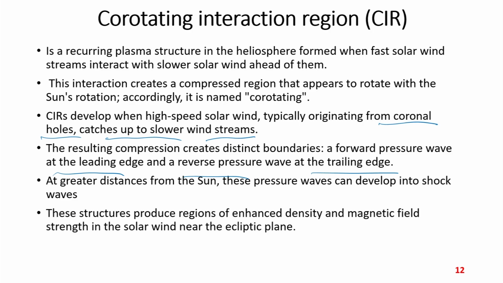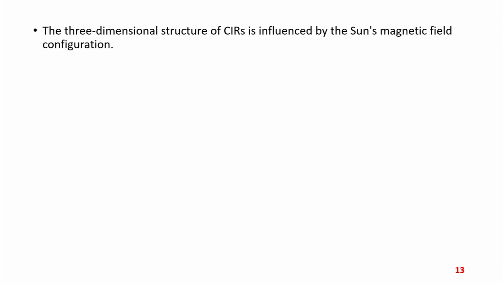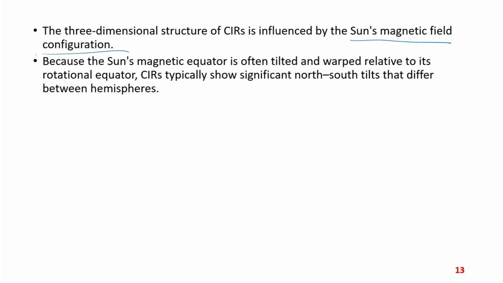These structures produce regions of enhanced density and magnetic field strength in the solar wind near the ecliptic plane. The three dimensional structure of a CIR is influenced by the Sun's magnetic field configuration, and because the Sun's magnetic equator is often tilted and warped relative to its rotational equator, CIRs typically show significant north-south tilts that differ between the hemispheres.